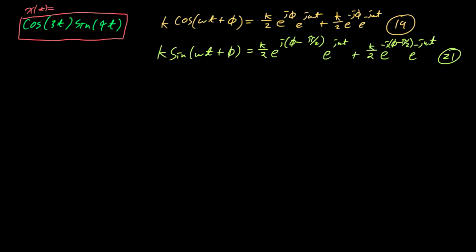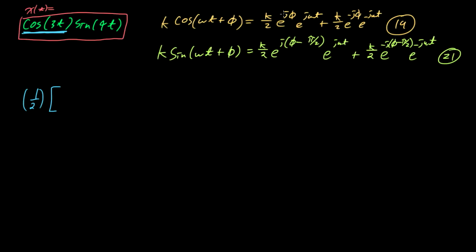So let's first do the cosine in this bluish color. If I want to represent the cosine in terms of complex exponentials, our k is 1, so I have 1/2. And actually, I'm even going to factor out the 1/2. Factor out the 1/2 times e to the j phase, and our phase is 0.